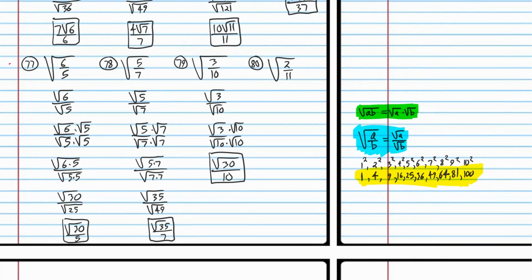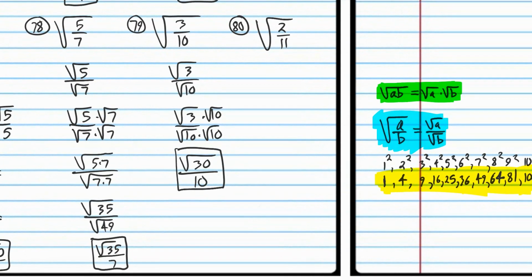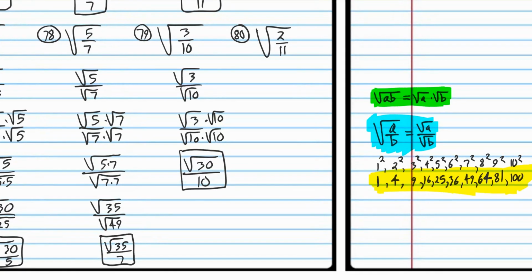So that would just be root 30 over 10. And so now if you got root 30 over 10, good job.